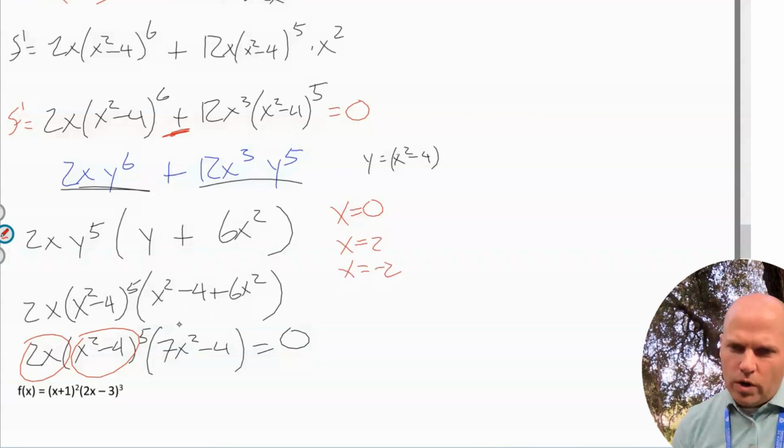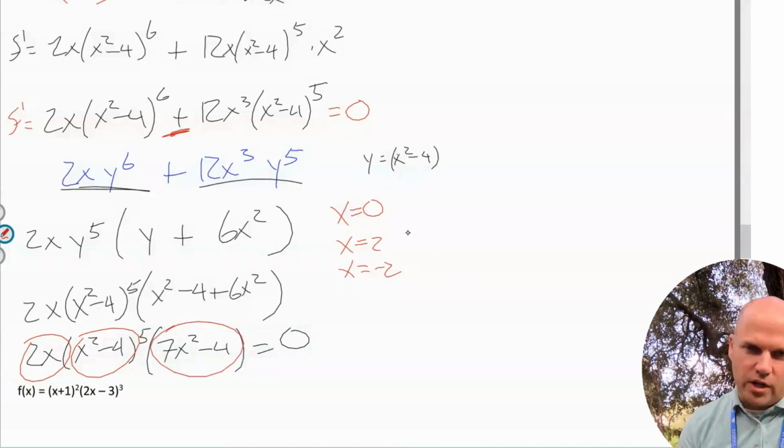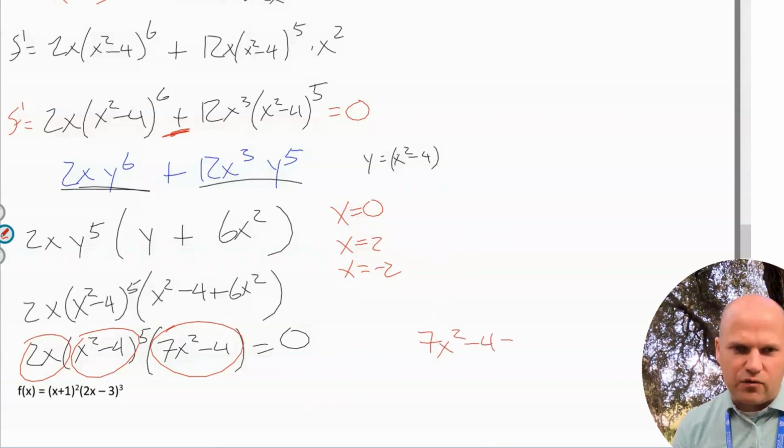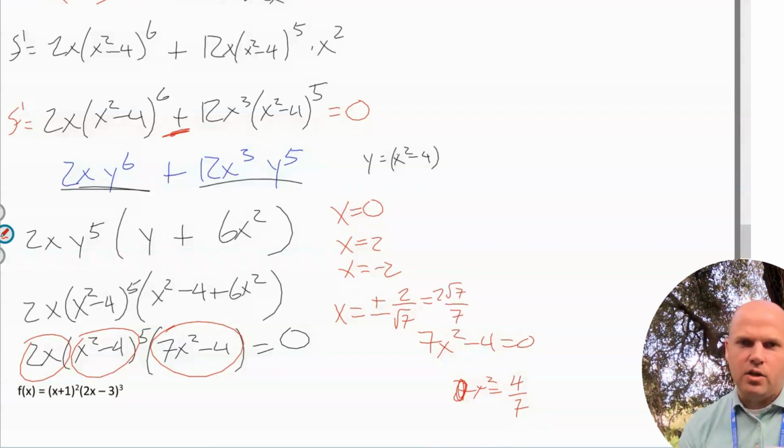There's 2 more. Now 7x squared minus 4 equals 0. Well, maybe we have to set up and solve an equation. 7x squared minus 4 equals 0. 7x squared equals 4, or let's just go straight to x squared equals 4 sevenths. X equals plus or minus the square root of 4 sevenths, or 2 over root 7, or 2 root 7 over 7 if you want to rationalize.